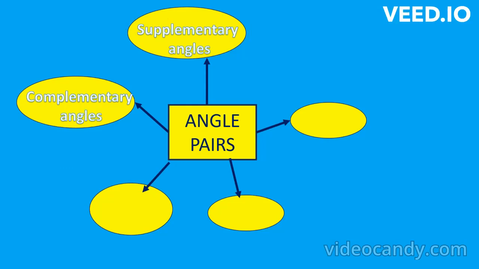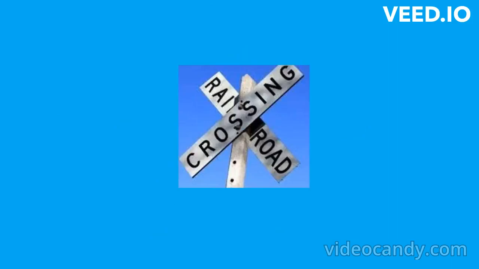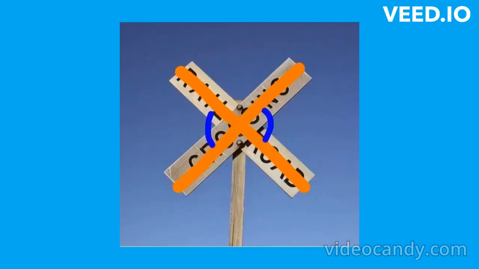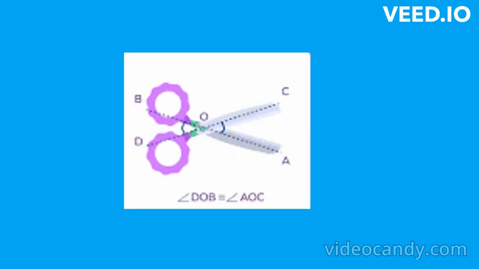We have another set of angle pairs called vertical angles. Here is a railroad crossing sign. We have a set of angles here, one angle on the left hand side, one on the other side. These two angles are always equal. These are called vertically opposite angles.